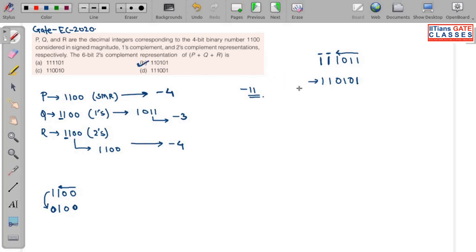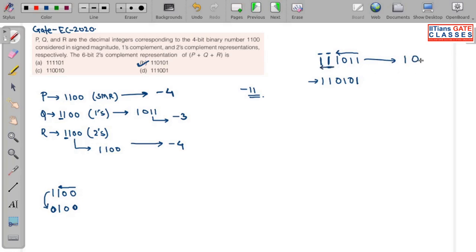This was a very simple question and we should know the basics. One thing to always remember: if you copy the sign bit into the MSB, never ever complement that sign bit. If I had complemented the sign bit, my answer would have looked like 1 0 1 0. This is not a magnitude bit, this is actually the sign bit that I have copied.